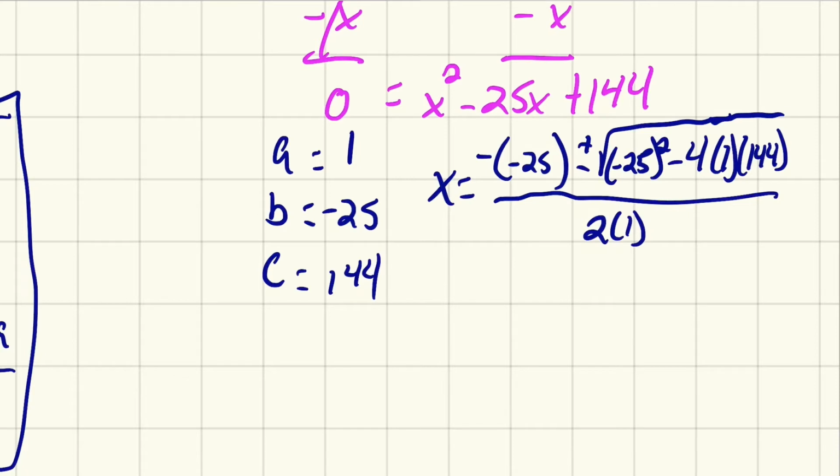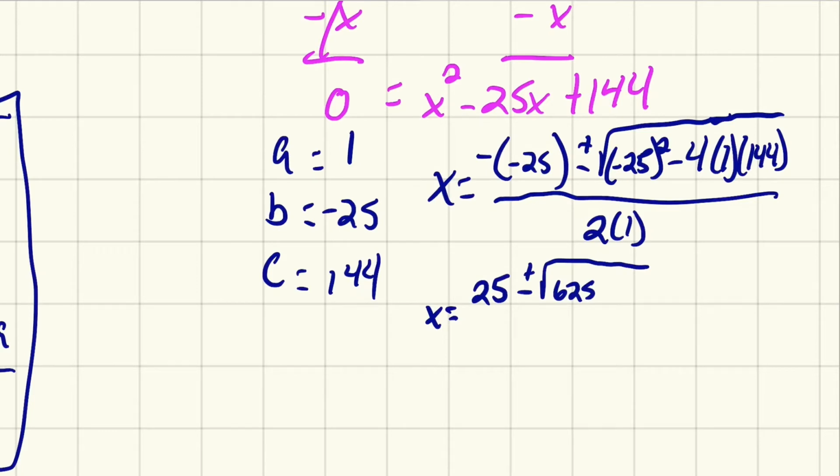Then our next step is just to keep simplifying. So x is equal to negative 25. Two negatives make a positive. Plus or minus the square root of negative 25 squared, which is negative 25 times negative 25. That's positive 625. Then we are going to subtract 4 times 1 times 144.